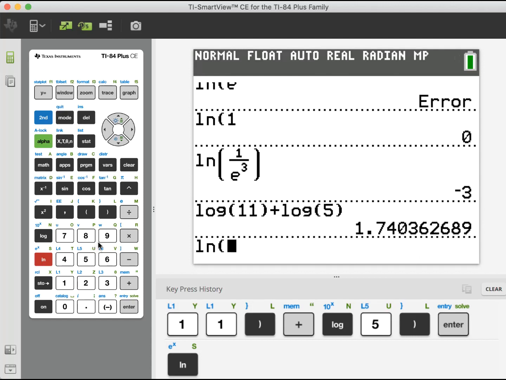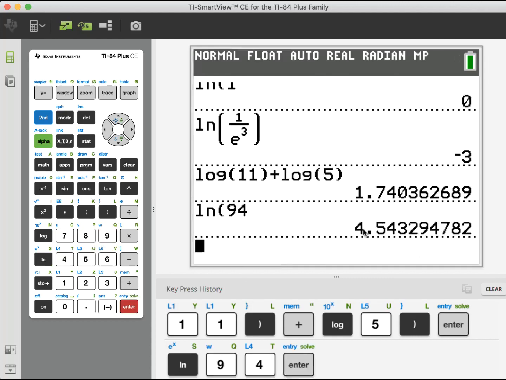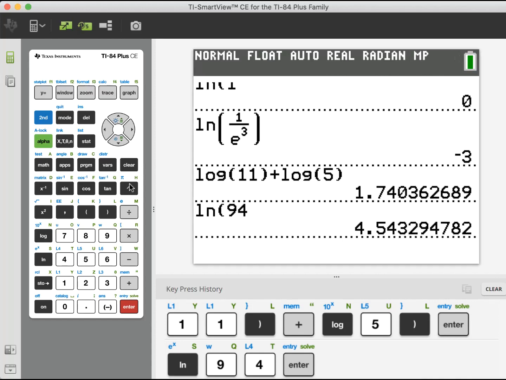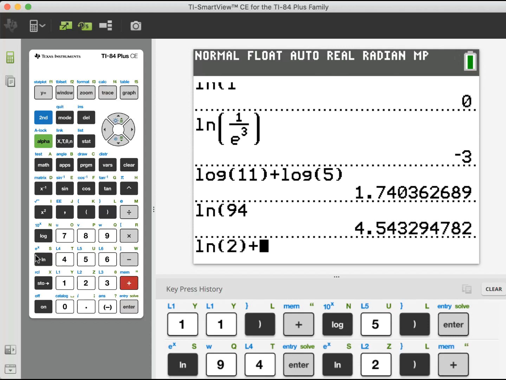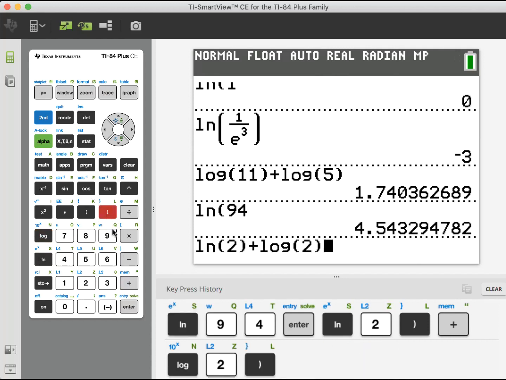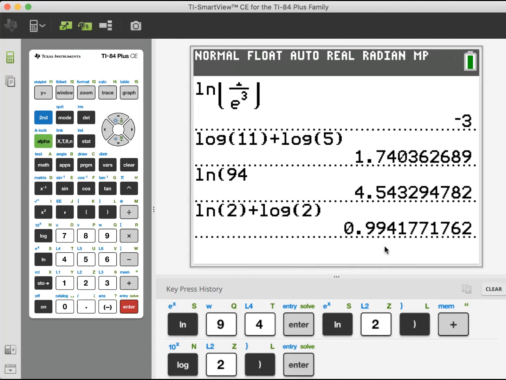Then we had natural log 94. Gives us 4.5433 because that needs to round up. And then, of course, we have the natural log of 2, close, plus the log of 2, close. There you go. So 0.9942.